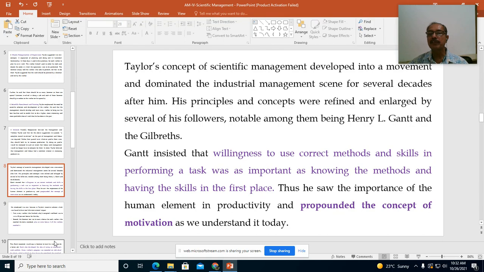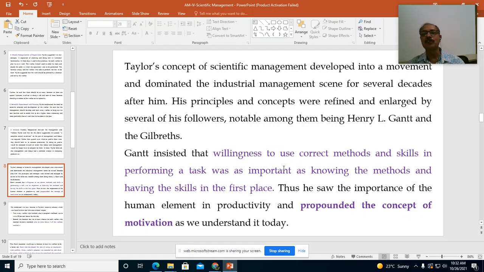Taylor's concept of scientific management developed into a movement, and there were other authors who also worked on this. Gantt and the Gilbreths were the main contributors. Gantt insisted that willingness to use correct methods and skills in performing a task is as important as knowing the methods and having the skills in the first place.